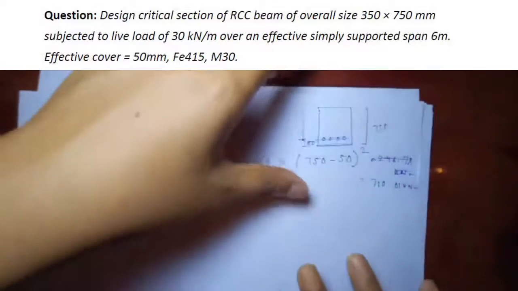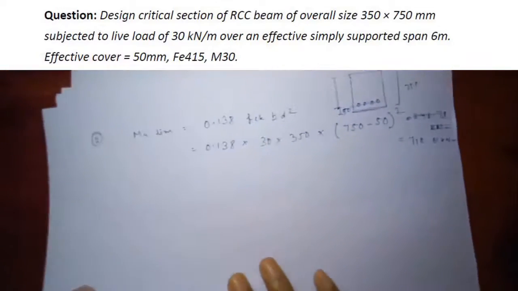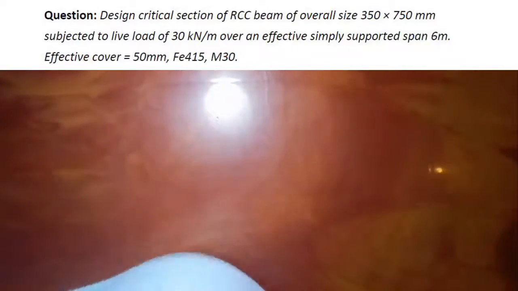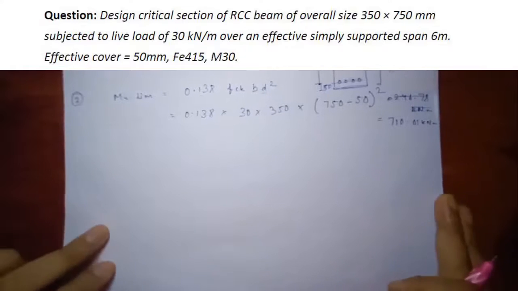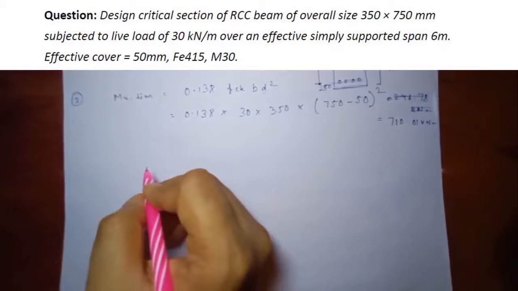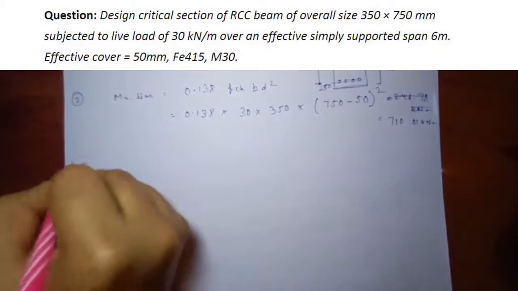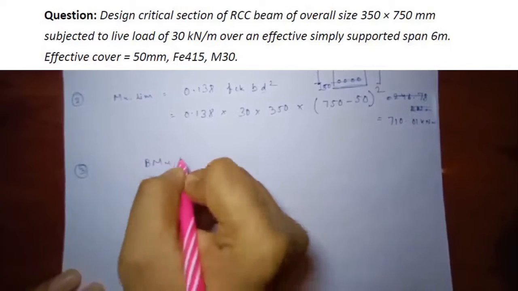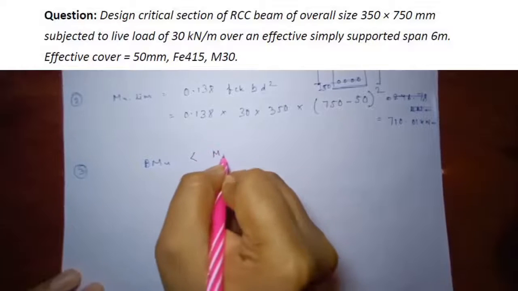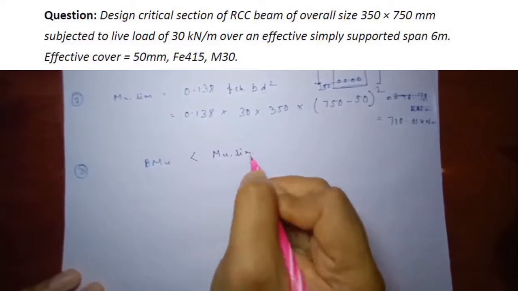So our BMU is much less than our MU limiting. So I'll go to step 3, that is BMU, the ultimate bending moment, is lesser than MU limiting.